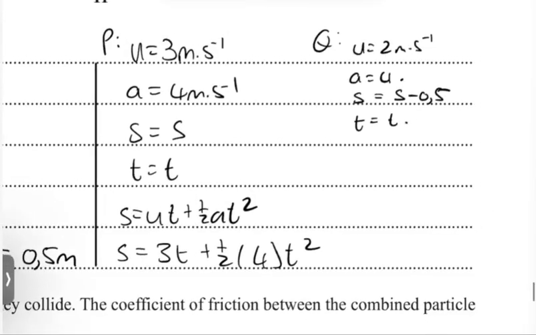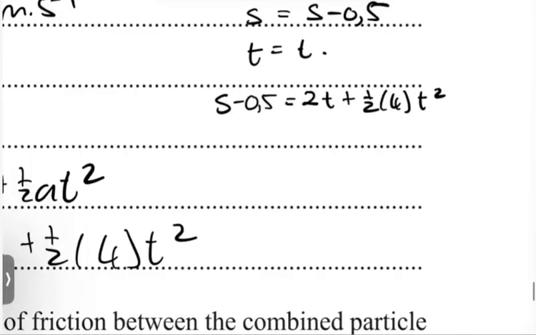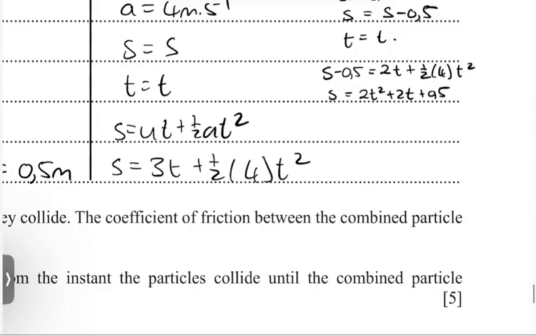The time is t. Okay, so s is equal to ut plus a half at squared. So s minus 0.5 is equal to 2t plus a half times 4 times t squared. Okay, so s equals 2t squared plus 2t plus 0.5. And here I've got an s. Oh my goodness.